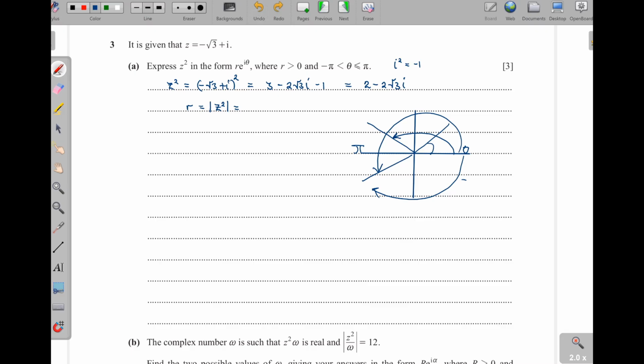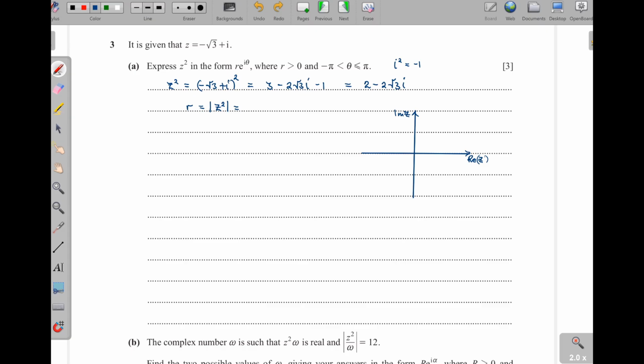Okay, all right. Now let's go back to the diagram. So let's see the quadrant within which this one lies. Of course, you know that this is the real of the z, and this is the imaginary of the z, or z squared, whatever, for this case. Then where does this one lie?